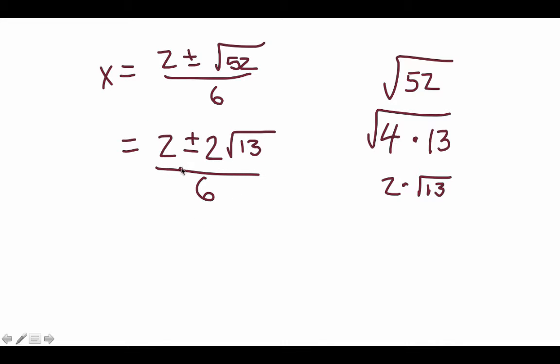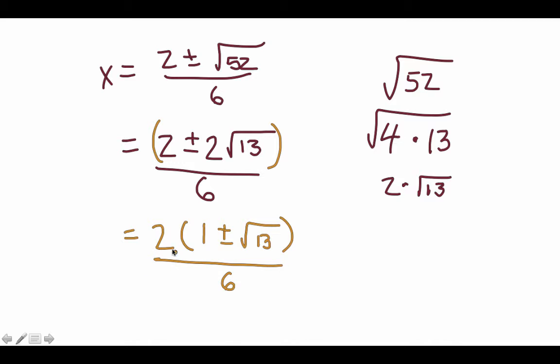And look what we have in our numerator. If I group this numerator here and I look for things in common to these two terms, I see that I can pull out a 2. And if I pull out a 2, I'm left with 1 plus or minus root 13 all over 6. And now look, I have 2 times a number divided by 6. Well, 6 has a factor of 2, and that cancels there, and I get my final answer, 1 plus or minus the square root of 13, all divided by 3.